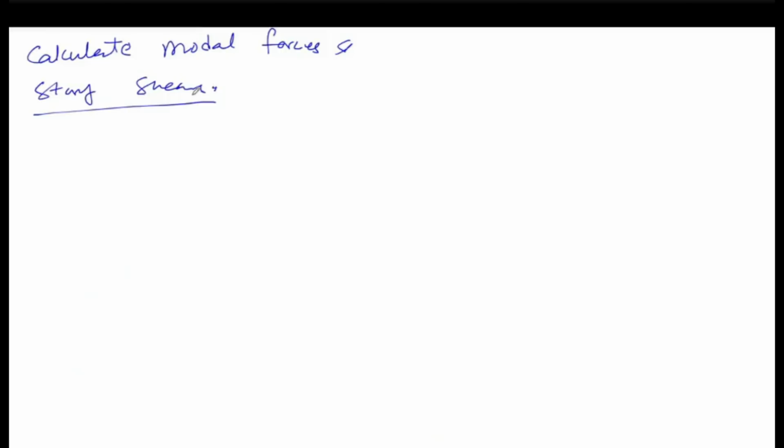So what we have to do is calculate the modal forces and story shear for all the modes. So I will just write the steps. What are the steps? Calculate modal forces and story shear for all modes.